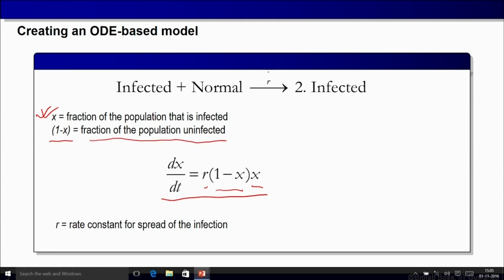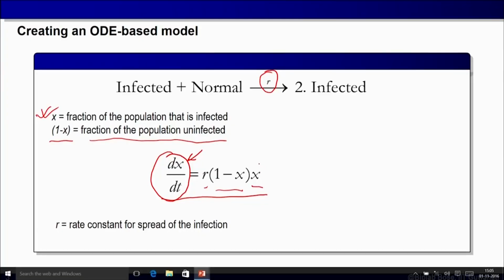And r is the rate constant of spread of infection. So dx dt, the derivative of x with respect to time, is the rate of spread of the infection. That is, it is showing the rate of change in population of infected persons. It is the rate of change of x.